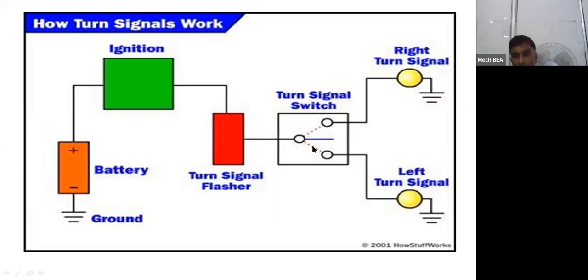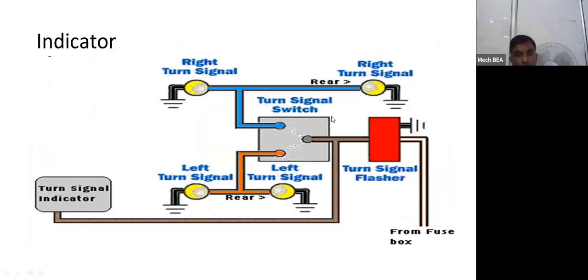Suppose this is connected with this, the right side signal will be on; if this is connected with this, the left side signal will be on. This is called the flasher unit, or in a simple way we can call it the indicator circuit. This is another view for the indicator circuit.